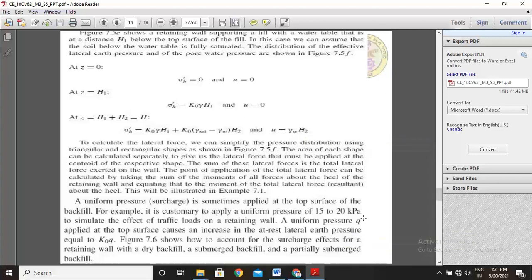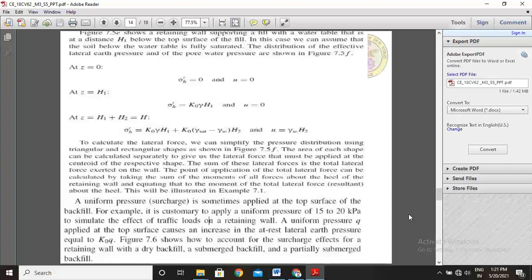To calculate the lateral force, we can simplify the pressure distribution using triangular and rectangular shapes as shown in figure 7.5f. The area of each shape can be calculated separately to give us the lateral force that must be applied at the centroid of the respective shape. The sum of these lateral forces is the total lateral force exerted on the wall.